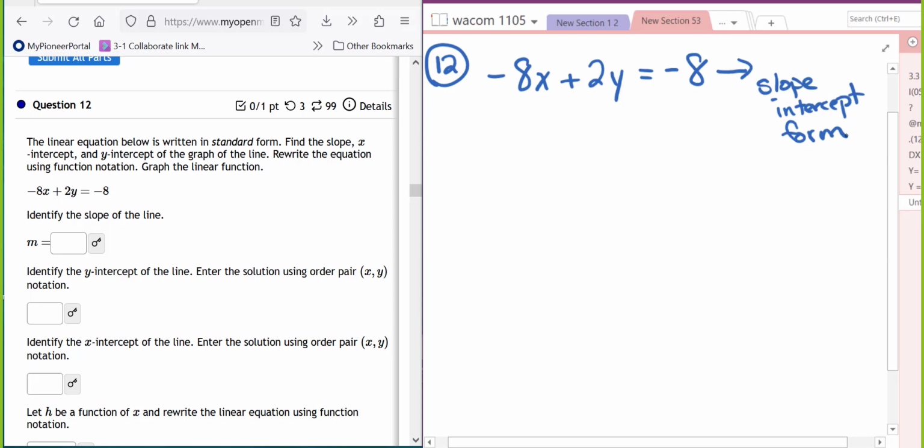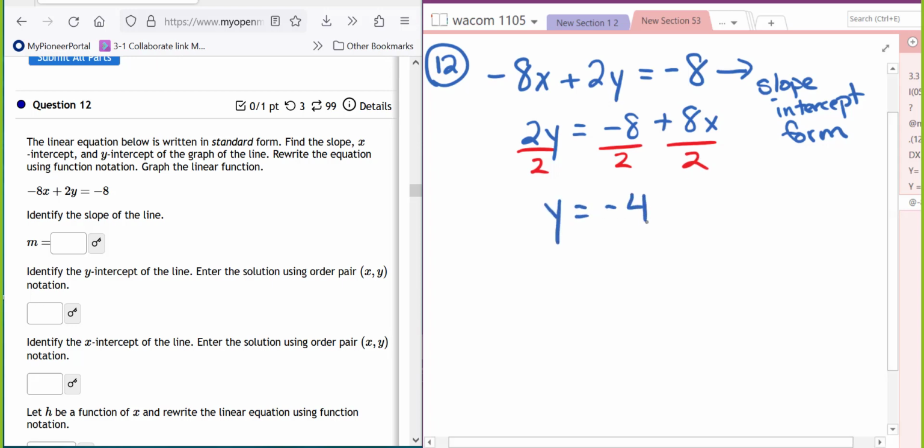That means you have to isolate your y. So I'm going to add an 8x. So 8x got added to both sides. I'm going to divide everything by 2. So y equals -4, and this will give us plus 4x.